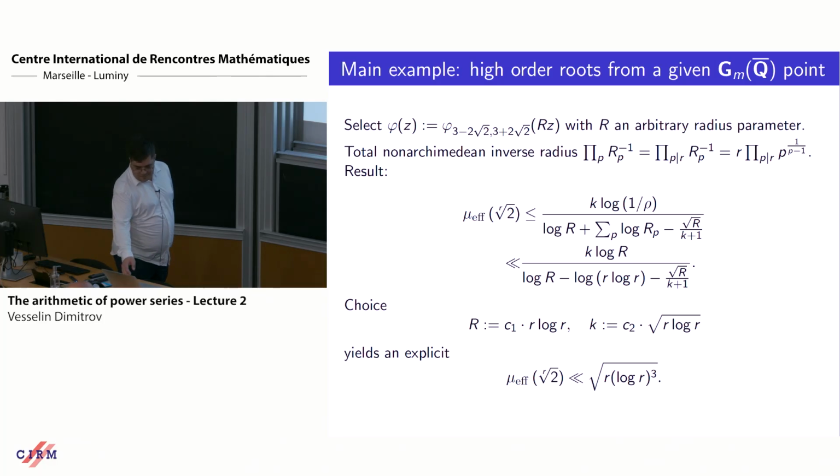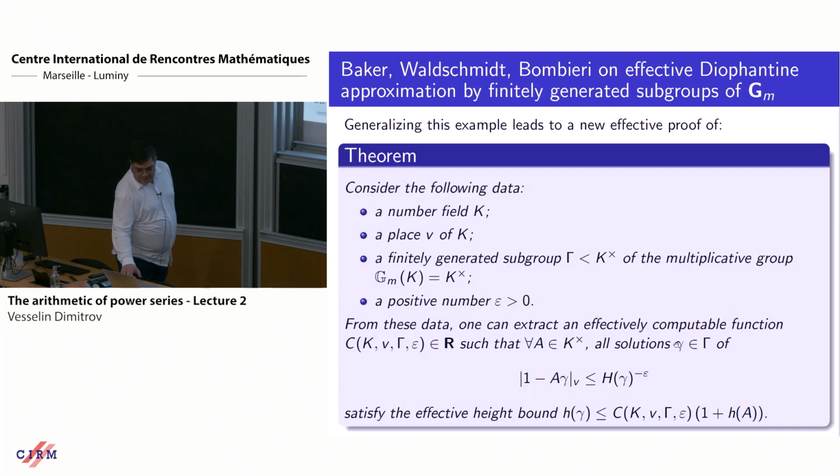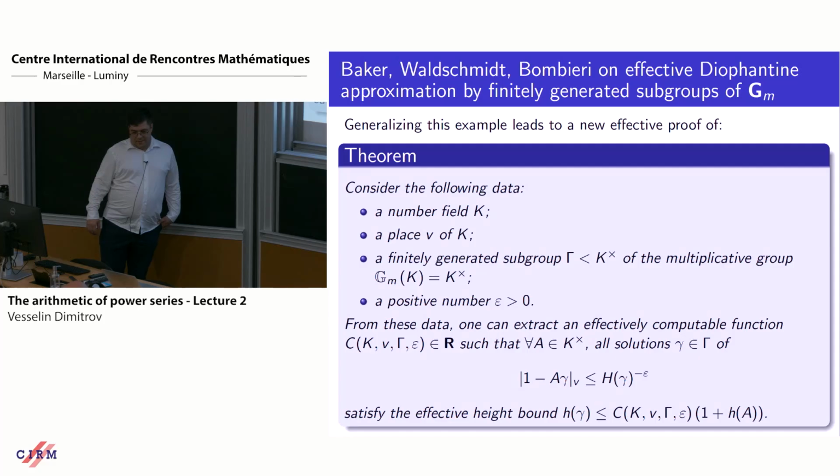But the main input of this is that it allows us to recover the classical effective solution of the S-unit equation in 2 variables with a high bound, because after Bombieri's work, it was known that it reduces to sharp enough Diophantine bounds for high order roots of arbitrary rational numbers.